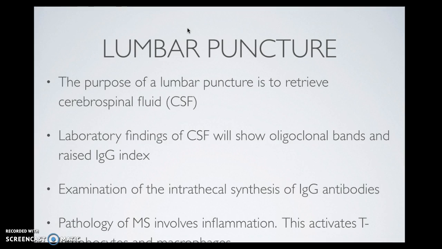And what needs to be found in the laboratory tests for someone that has MS is a rise in IgG index and oligoclonal bands. So the pathology behind these results involves inflammation and release of T lymphocytes and macrophages during the demyelination process in MS.